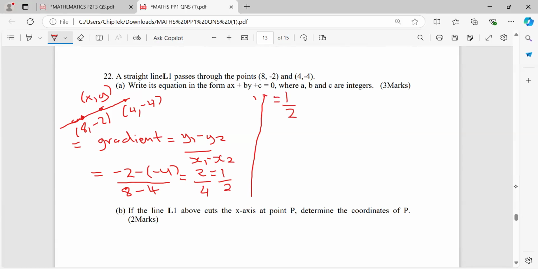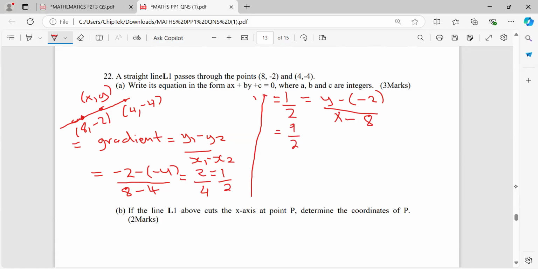Baada ya kupata gradient, sasa wachukua ile point ulisema x, y, so gradient equal to y minus y1 over x minus x1. Let me just use this. So y minus -2, natumia hii hapa (8, -2), all over x minus 8. So itakuwa a half.